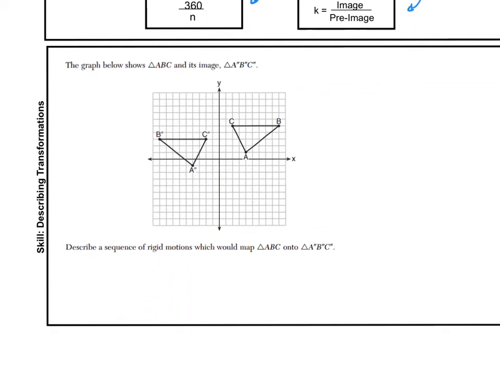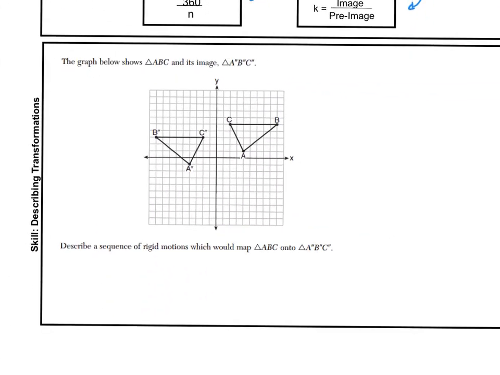So the first kind of skill that we're going to need is how to describe a transformation. So what we're looking at here in this problem is a transformation that's already occurred. And what it's asking us to do is describe it back to them. And remember to use very specific language when you do this. So on this first one, it says the graph below shows triangle ABC and its image A double prime, B double prime, and C double prime.